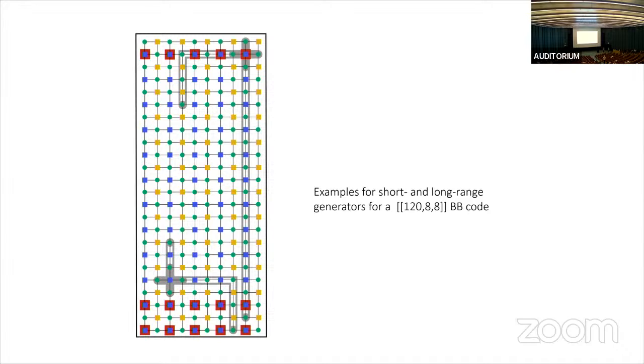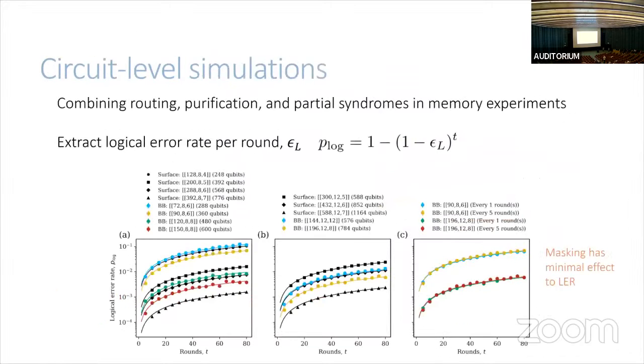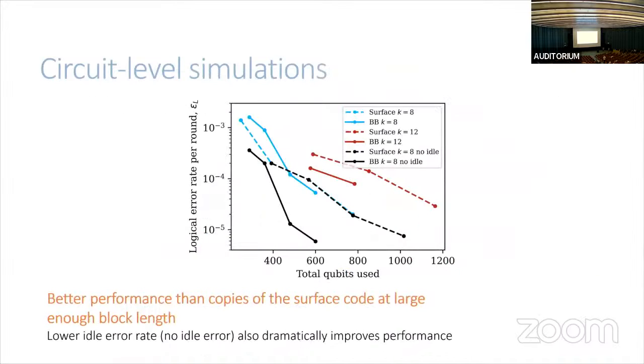Got one simple question. Maybe I missed it, but do you get a threshold with your scheme? So yeah, we don't do an asymptotic calculation, but we experimentally see that increasing the block length decreases the error rate. This is in comparison to the Delfosse, Beverland, Tremblay paper where they don't see any improvement.